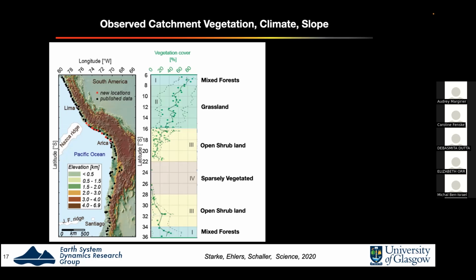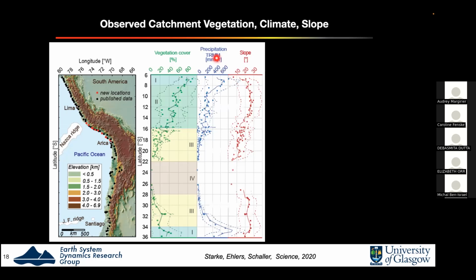And this vegetation trend, not surprisingly, mimics what you see in the mean annual precipitation going across here, and this precipitation trend looks similar in the paleoclimate for the region as well, which I don't have time to get into. But you go from high precipitation in the north and warmer temperatures, which contributes to this larger vegetation cover, then decreasing precipitation to the Atacama and then increasing again towards the south.